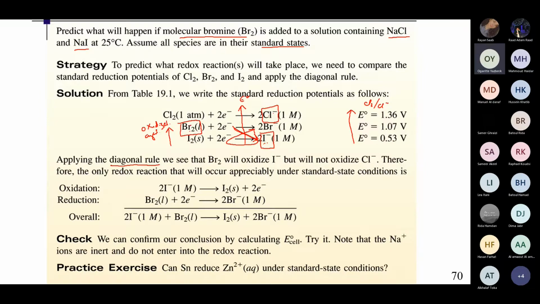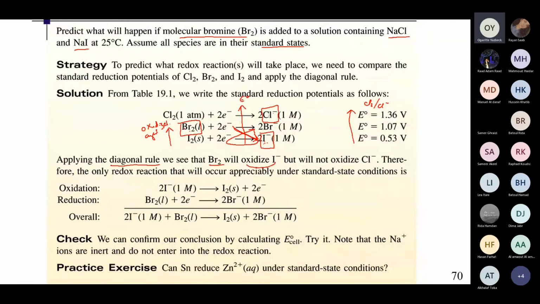Okay, it will undergo reduction, but it's the oxidizing agent, so it will oxidize the I minus, which will undergo oxidation then. But what's the Br2 doing? It's oxidizing I minus.